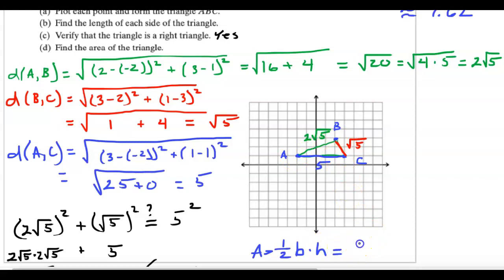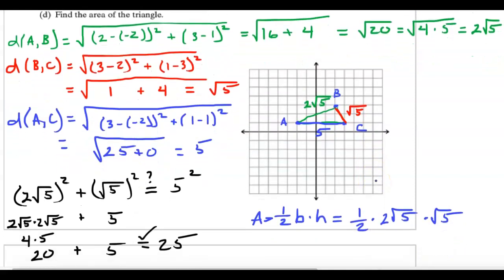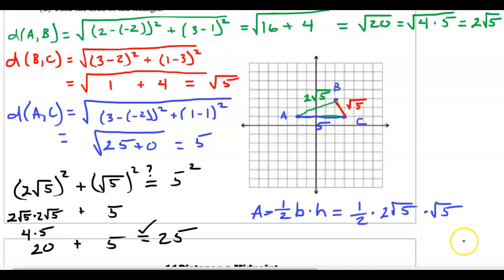And so we've got 1/2 times 2 radical 5 times radical 5. And if we multiply this out, radical 5 times radical 5 is just 5, and 1/2 times 2 is just 1. So we get 1 times 5, which is just 5. So that is our area.